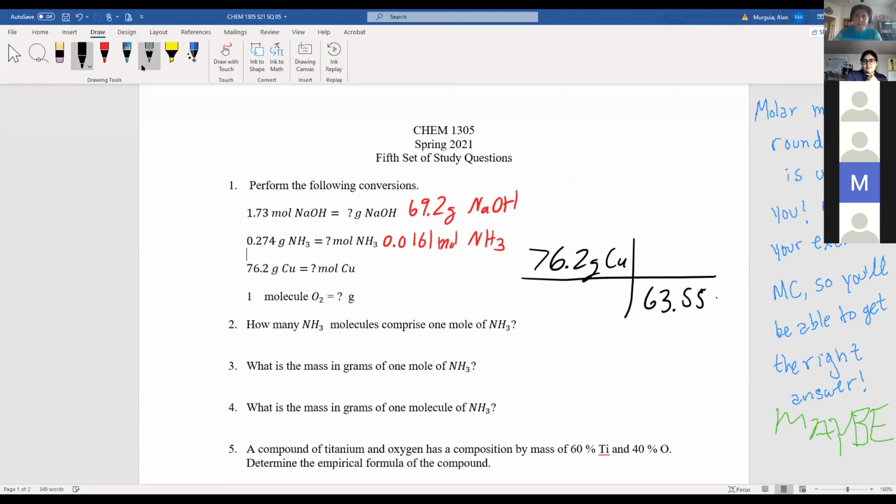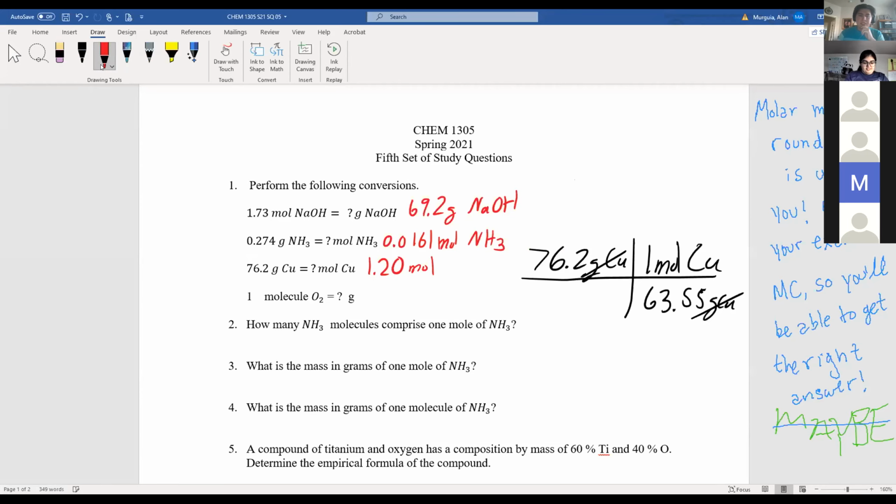63.55 grams of Cu. And remember that for every 63.55 grams of an element or compound, there's 1 mole of that element or compound. So our grams cancel out. And what value or number am I given after calculating this? 1.20 moles of copper.